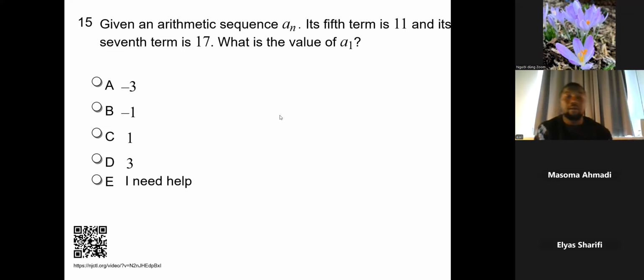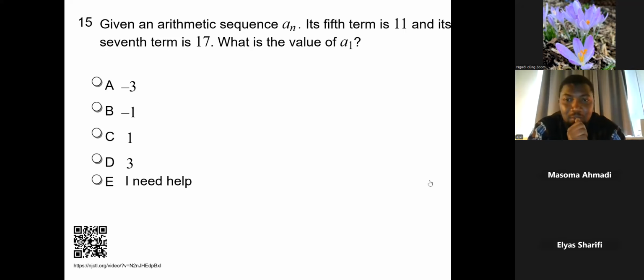Now the first term is not given, the second term is not given, the third term is not given, the fourth term is not given.